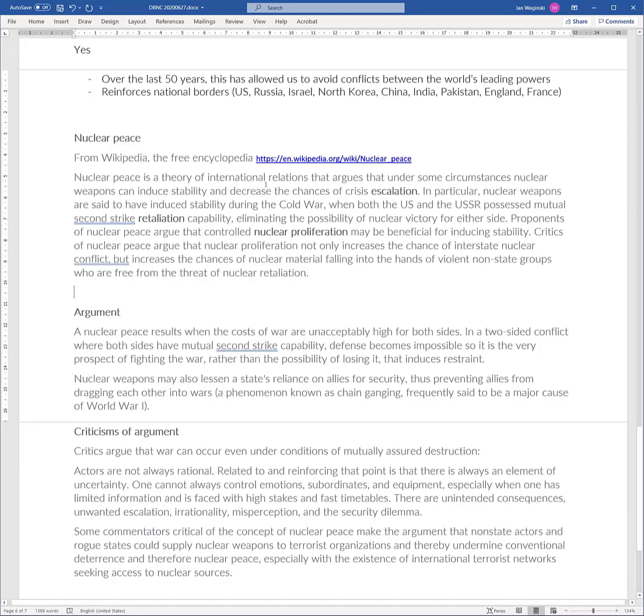Okay. So the paragraph starts off by saying that nuclear weapons can induce stability and decrease the chances of crisis escalation. So how do they do that? I don't really know.